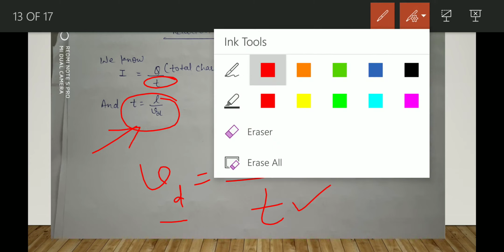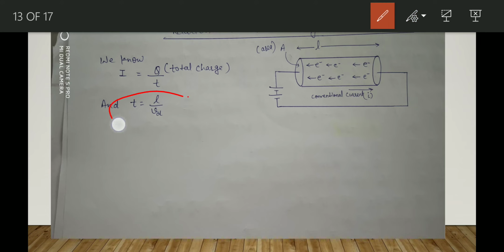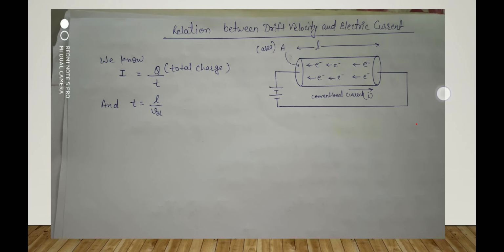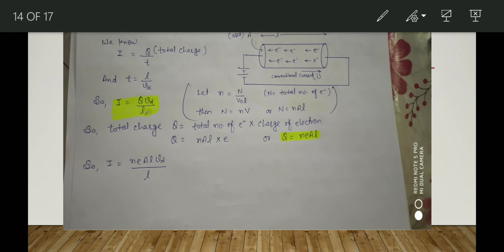We will put this t in the current I. After this replacement, we will find the expression for I: I is equal to q by L into Vd.